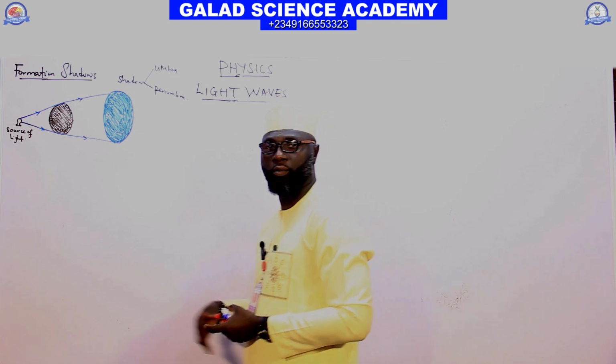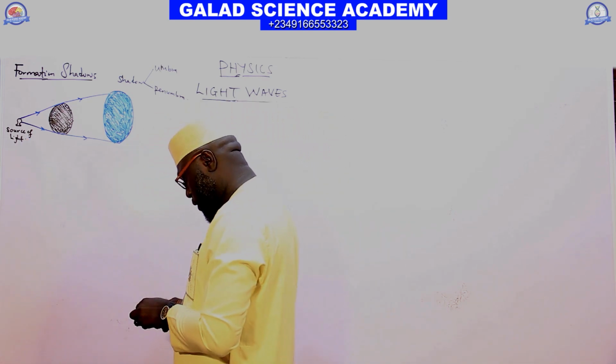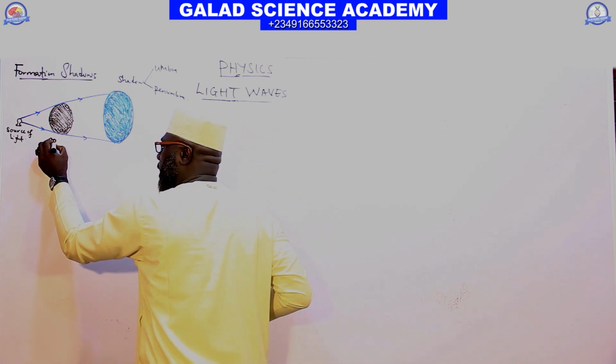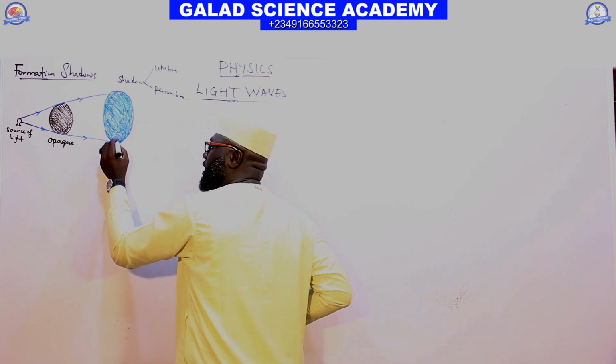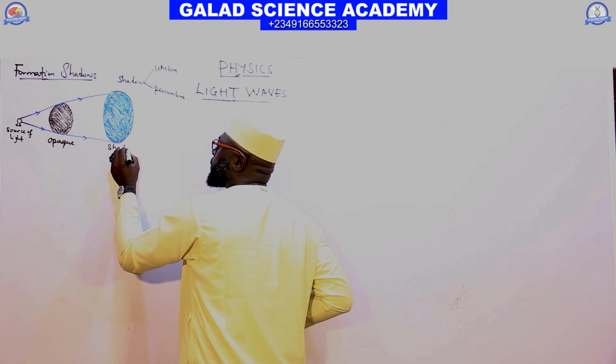So what we have here is the opaque object, and what we have here is the shadow.